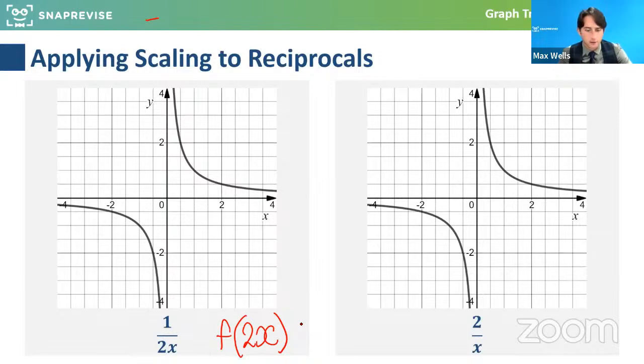Do we recognize that as a thing? So if we've got this graph and we compress it, the x coordinates effectively half, so it sort of squashes it in. So let's do that. Here we go.